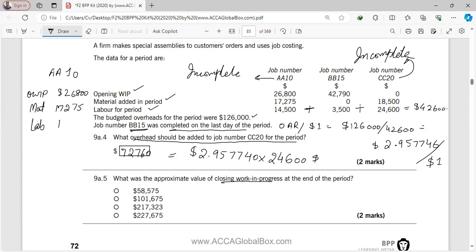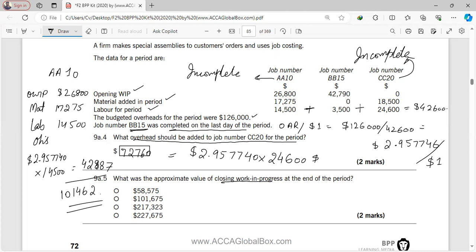Next one is labor, 14,500, and next one is overheads, where 2.957746 is multiplied by labor cost of 14,500, which gives 42,887. So add up all these costs: 101,462.